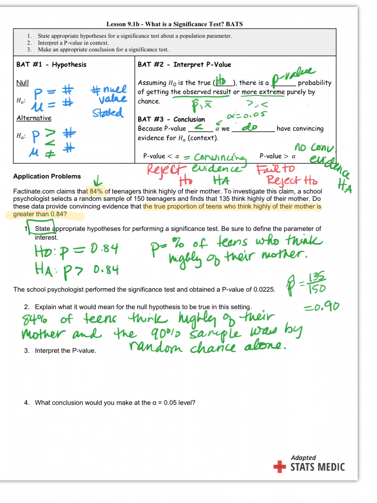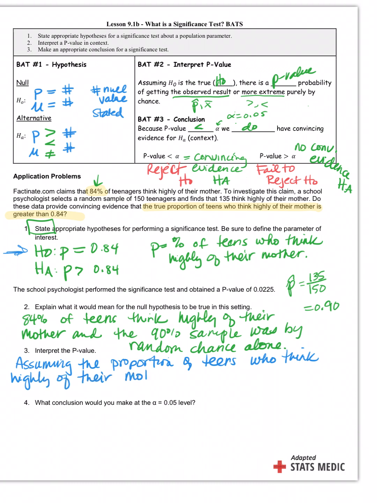Interpreting the p-value, we start with the null. What does the null mean in words? Okay, assuming the proportion of teens who think highly of their mother is 0.84. So there's the null. Now we throw in the p-value.